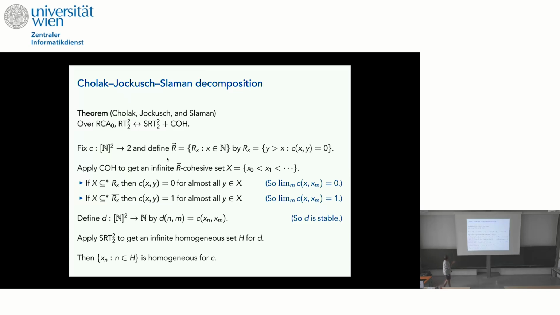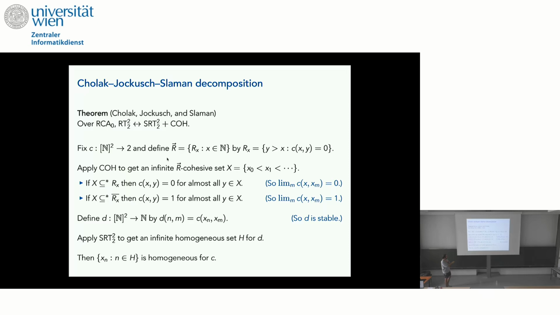Okay, so what does that mean? That means if I take my original coloring and restrict it to this set, I have a stable coloring. So now we can define D. If you like, you can define it directly on this set and apply SRT22 relativized to it, or you can do it properly: you define it on the natural numbers, and D(n,m) is the coloring of the nth element with the mth element in here.